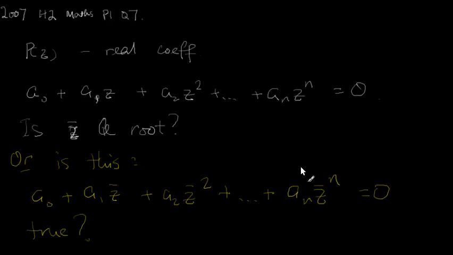If you are familiar with the properties of complex conjugates, you would know that if you take the conjugate of this whole thing and simplify it, you could actually end up with this, provided an is real. There are some details involved, which I shan't go into, but very briefly, that's how you can prove it, just by taking the complex conjugate of this and turning this into this.